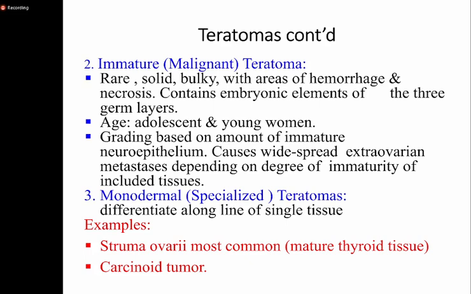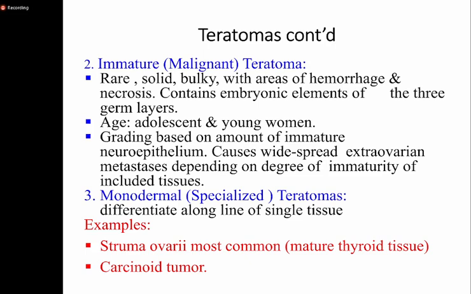Then the third variety of teratomas are the monodermal or specialized teratomas. And these are teratomas that differentiate not along all three germ cell lines, but along a single tissue. For example, a monodermal teratoma may contain only mature thyroid tissue, in which case we refer to it as a struma ovarii.